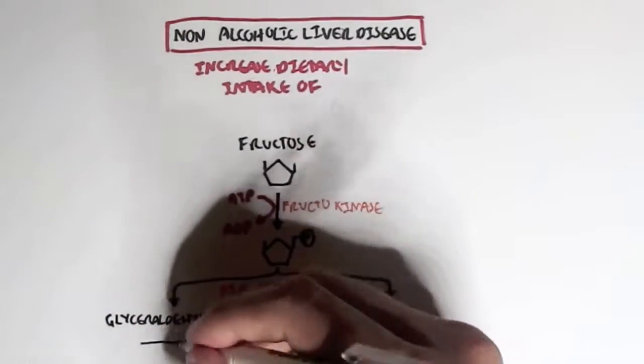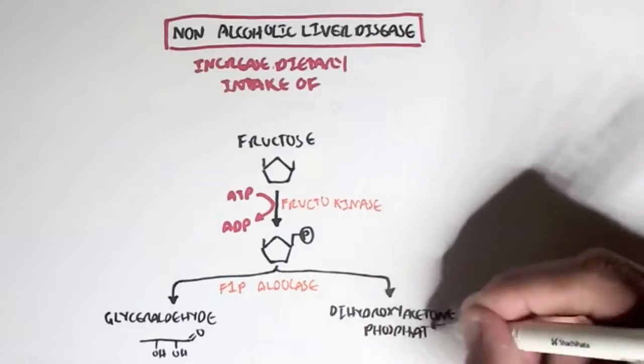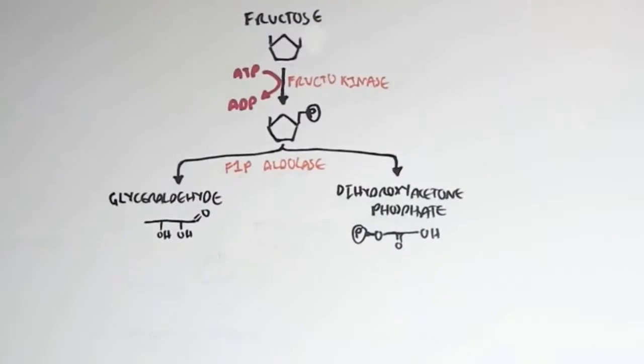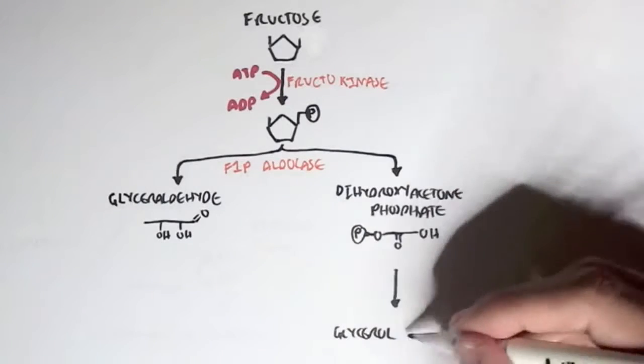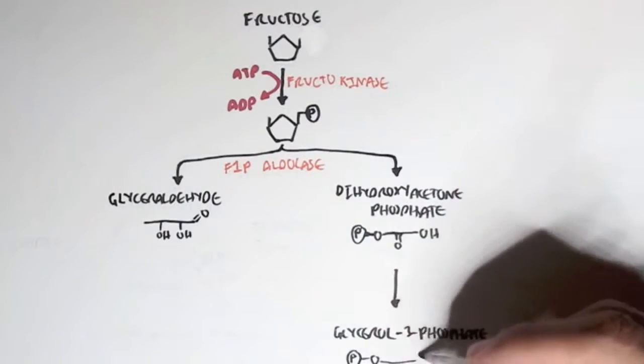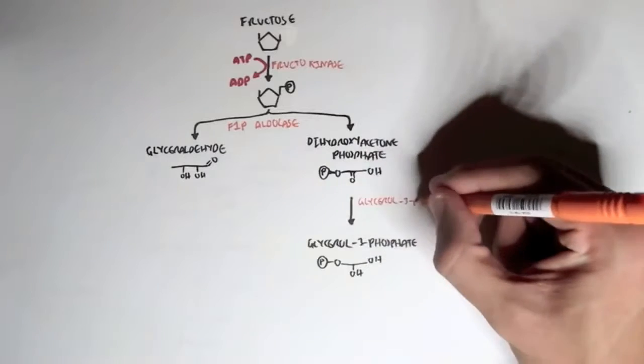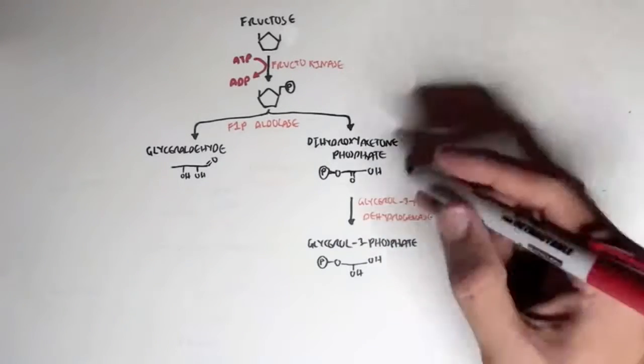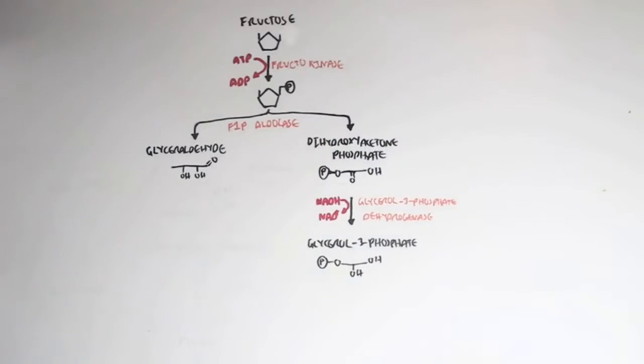Now let's just look at one of these molecules. Dihydroxyacetone phosphate, if you remember, is part of the glycolysis step. Dihydroxyacetone phosphate can also convert to glycerol 3-phosphate. With the enzyme glycerol 3-phosphate dehydrogenase, NADH is oxidized to NAD.